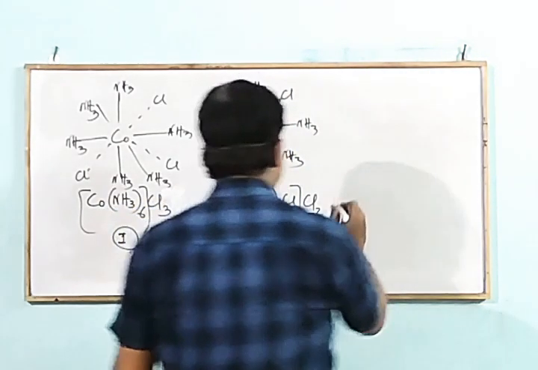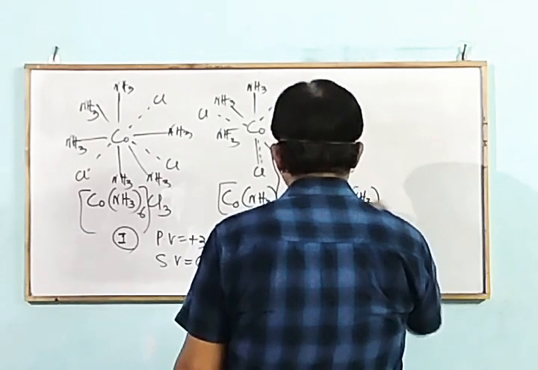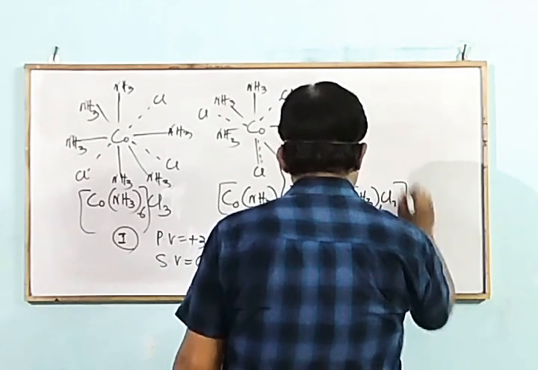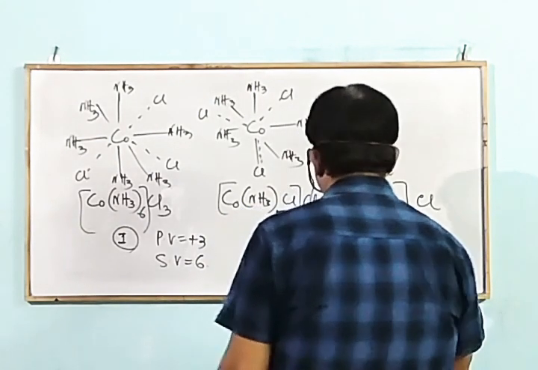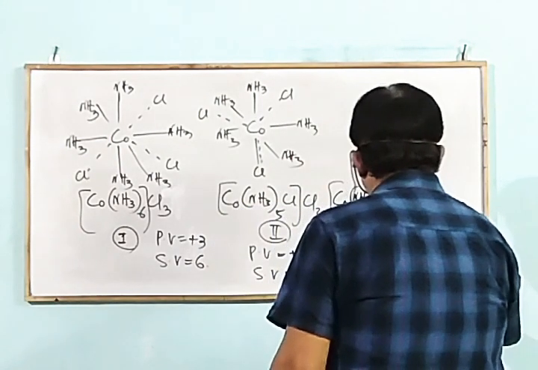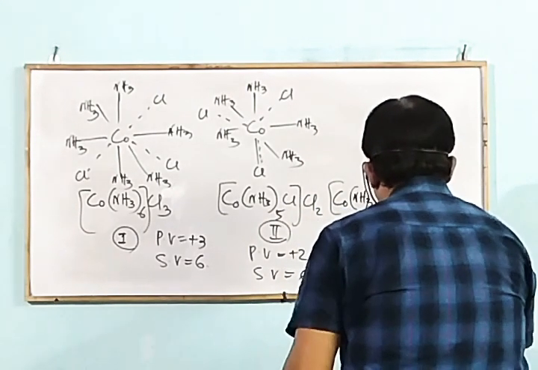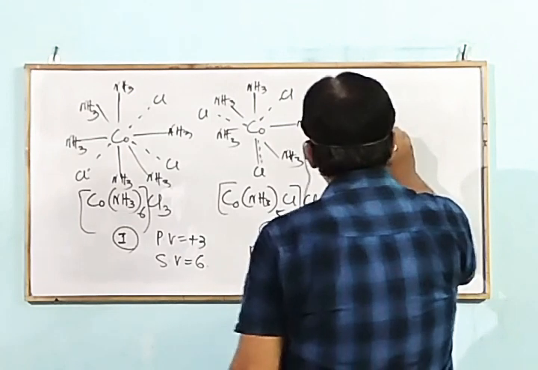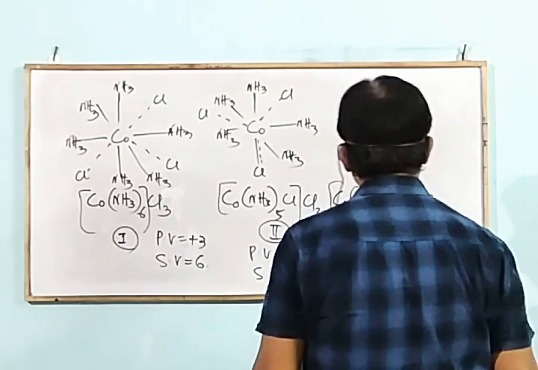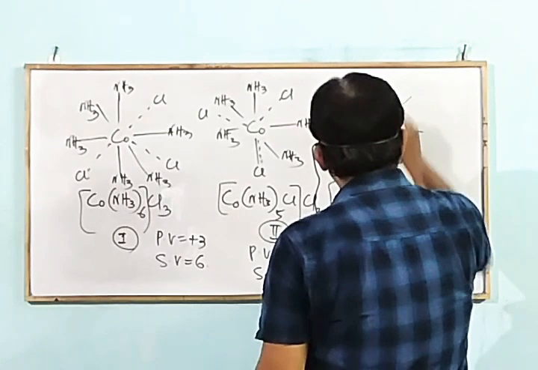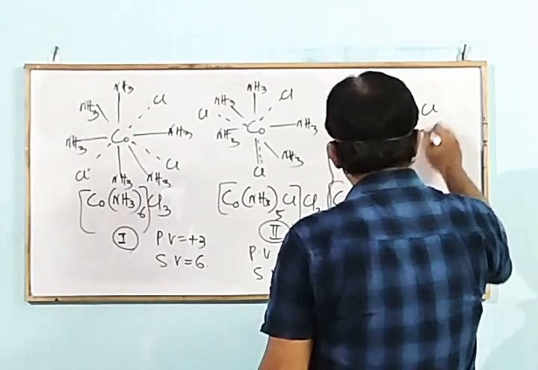Third one: CoNH3 4 Cl2 Cl. That is the third structure. Primary valency is +1, secondary valency is 6. 1, 2, 3, 4, 5, 6.